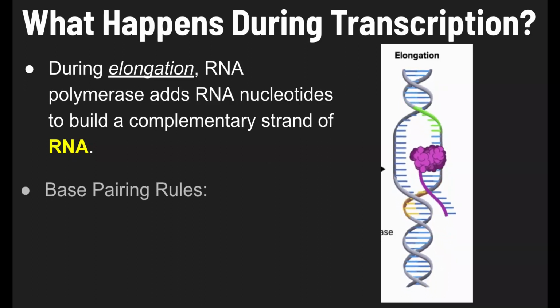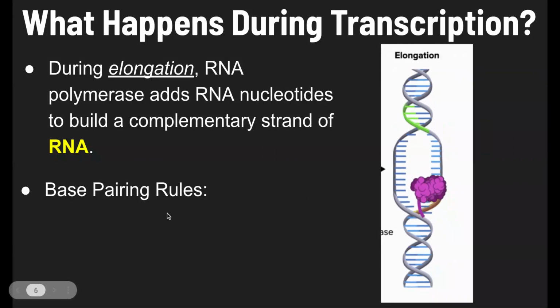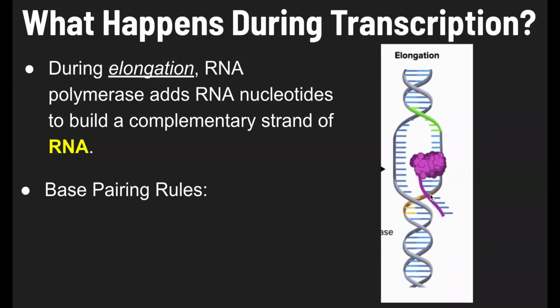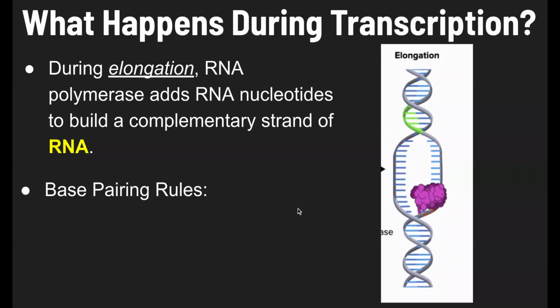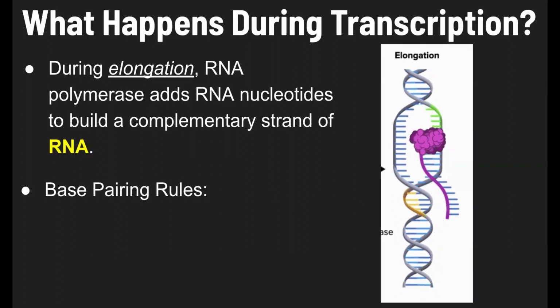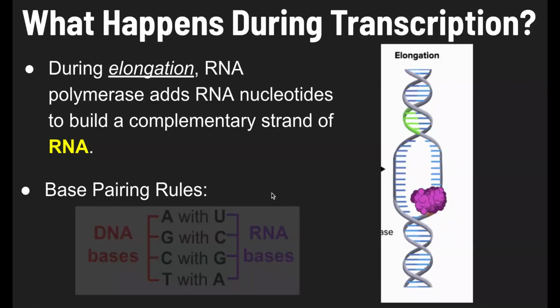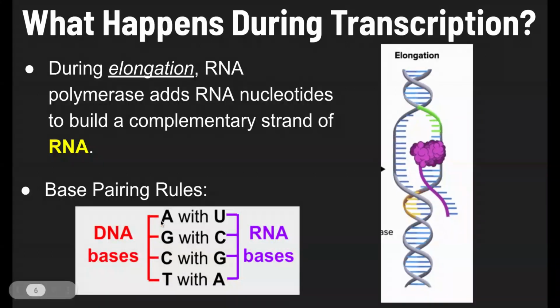All right. There are some base pairing rules that you need to be familiar with during this step. So as nucleotides are added, they should complement the strand of DNA. So here are the base pairing rules.